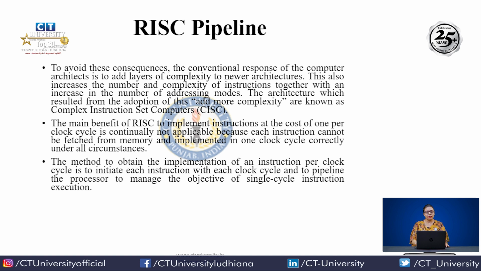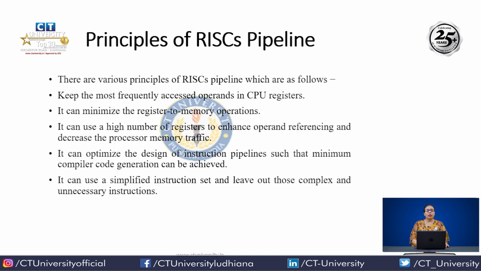Let's consider an example in which an instruction is defined as N into M, that is number of processors into local memories. For the first instruction, I1 equals N1 into M1. For the second instruction, I2 equals N2 into M2.